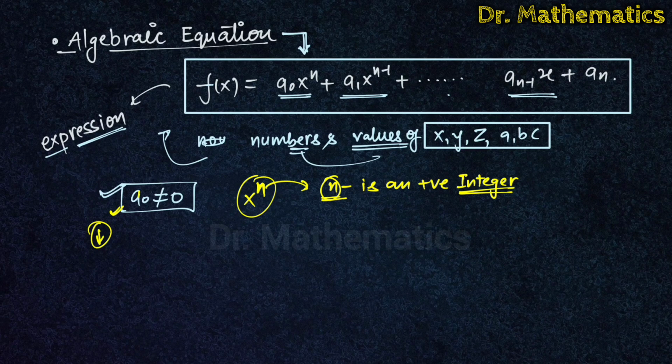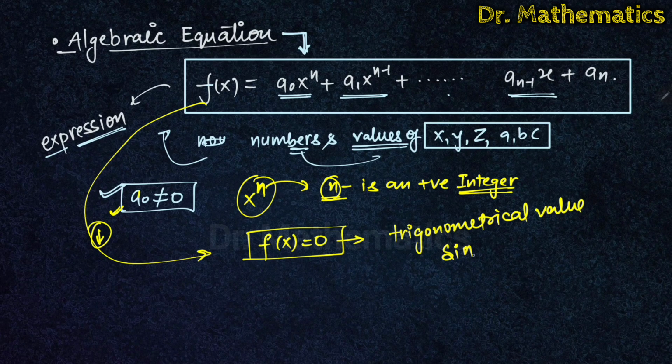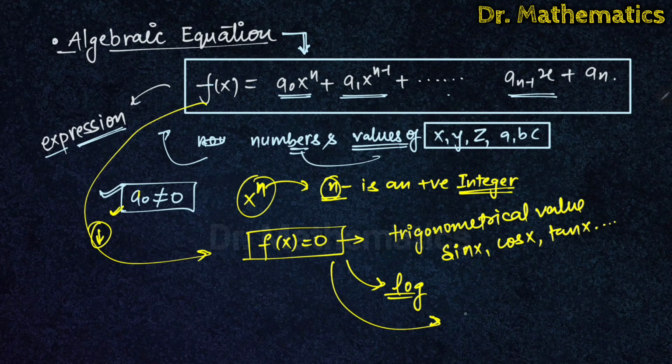Very good. Can you tell me if this expression, f of x is equal to 0, which I have written as an equation, contains some trigonometrical values like sin x, cos x, tan x? Or if it contains logarithmic values, or exponential values?